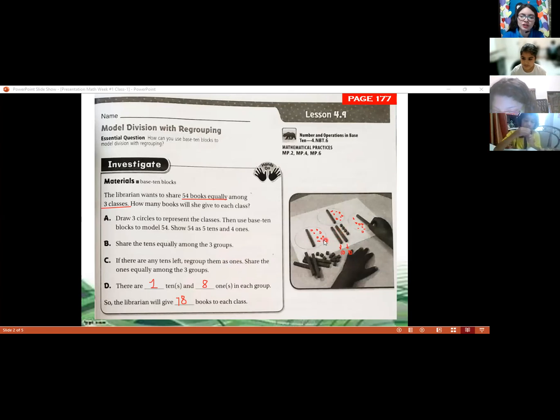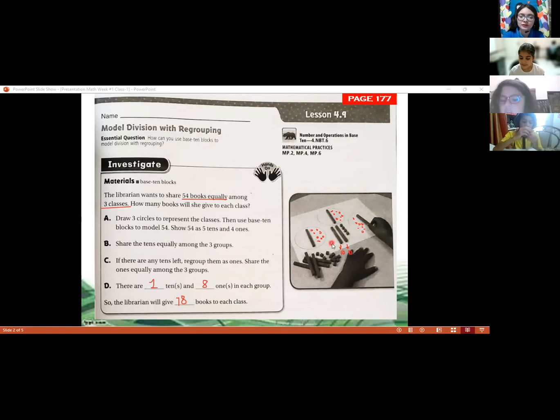We continue giving one by one until we share equally this 10. We finish and we find out that this 10 we finished sharing, but we have 4 more. These 4 more we need to share also. So we share one by one of these 4.